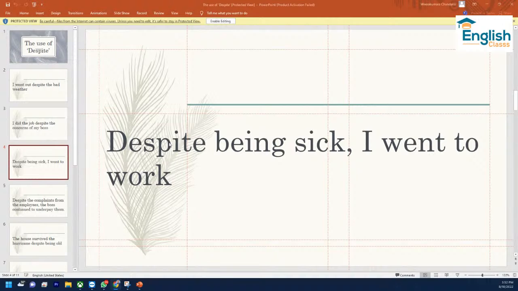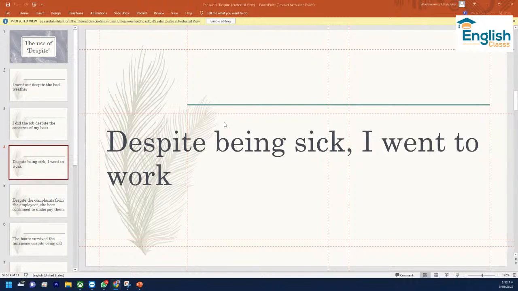You can use the word despite at the beginning of the sentence or in the middle of the sentence. Here we have used the word despite at the beginning of the sentence. If you want to use a verb just after the word despite, it should be the verb with ing.